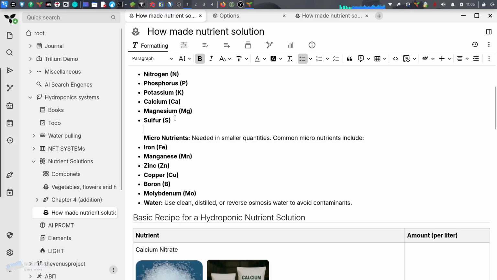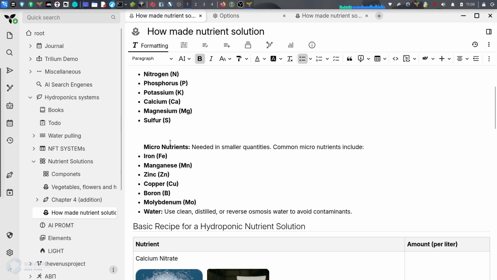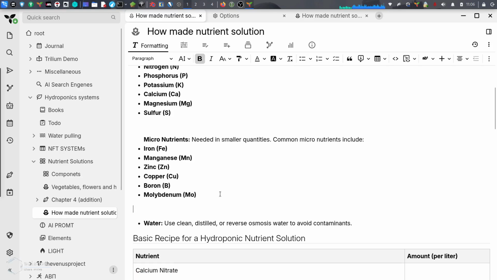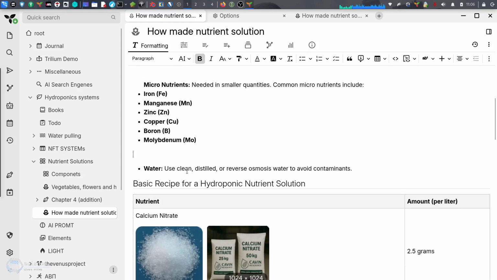Micronutrients are needed in smaller quantities. Common micronutrients include iron, manganese, zinc, copper, boron, molybdenum. Water. This is not a micronutrient. Water used should be clean, distilled, or reverse osmosis water to avoid contaminants.